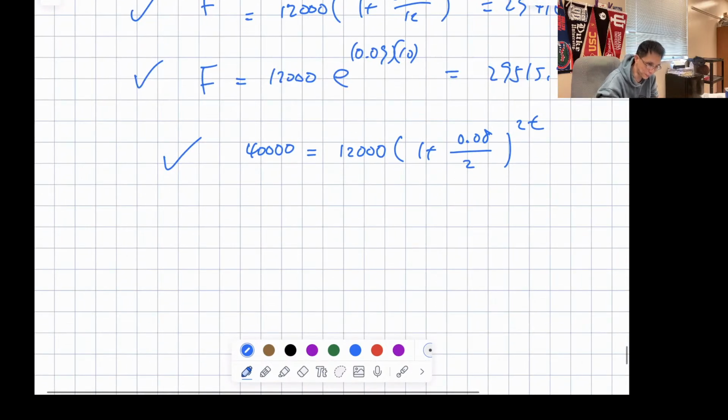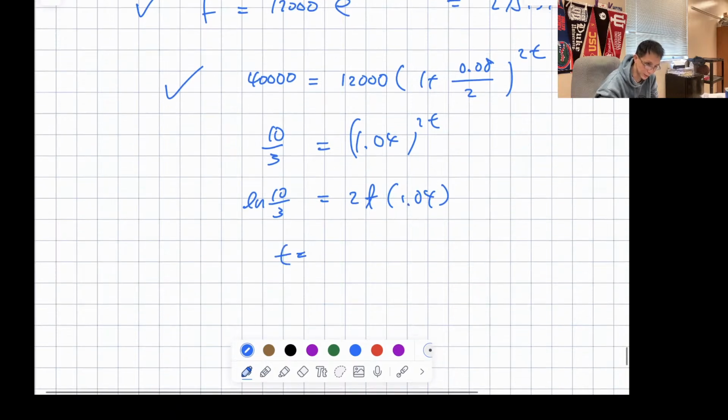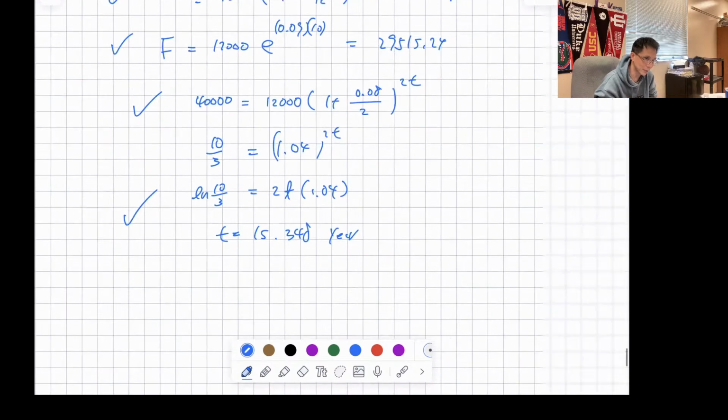If you solve for it, that says 10 over 3 equals 1.04 to the 2t, and it's going to be natural log of 10 over 3 equals 2t times ln 1.04. T is equal to 15.348 years. So this one should give you another check mark. This one's kind of hard. So this one's 2 check marks.